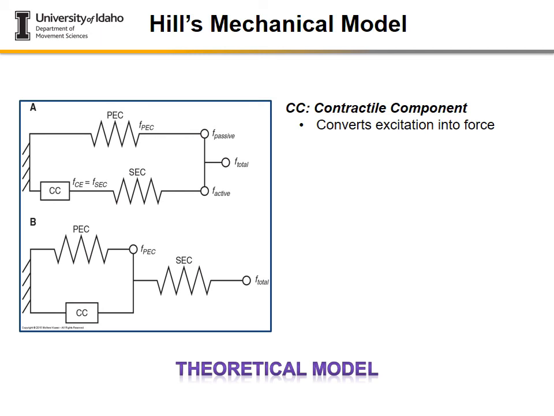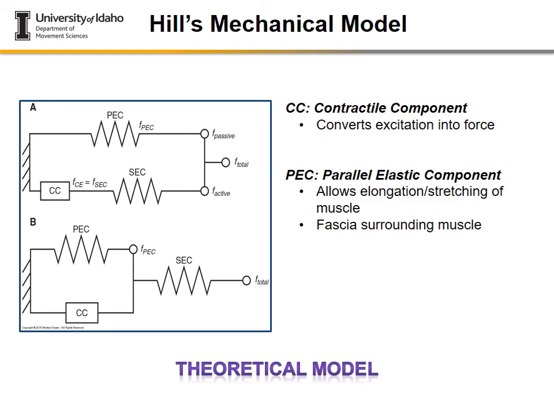The contractile components are truly the actin and myosin, and these convert excitation into force in the contraction. So this is what we know as contractile or concentric contraction, generated through the myosin and actin cross bridges. Then you have components known as parallel elastic components, and these allow elongation and stretching of the muscle.